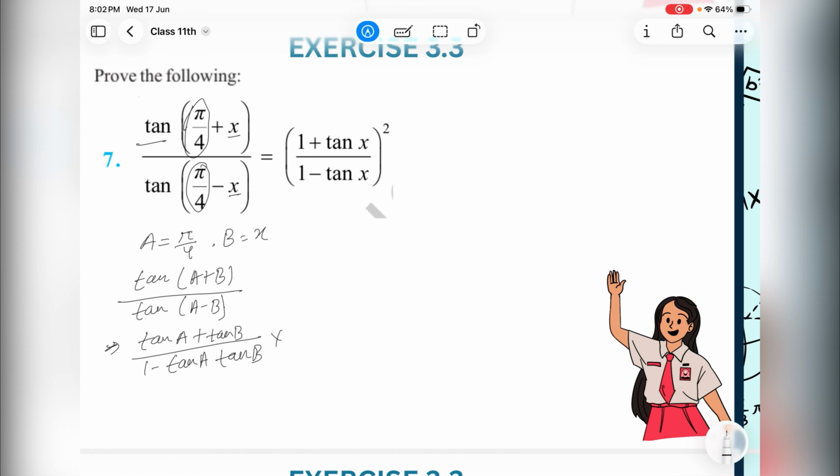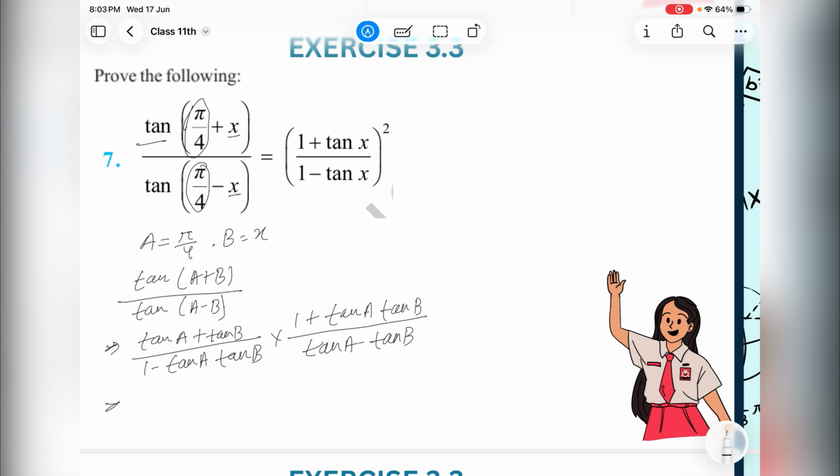Now we will expand this term, it will be 1 plus tan a tan b upon tan a minus tan b, correct?